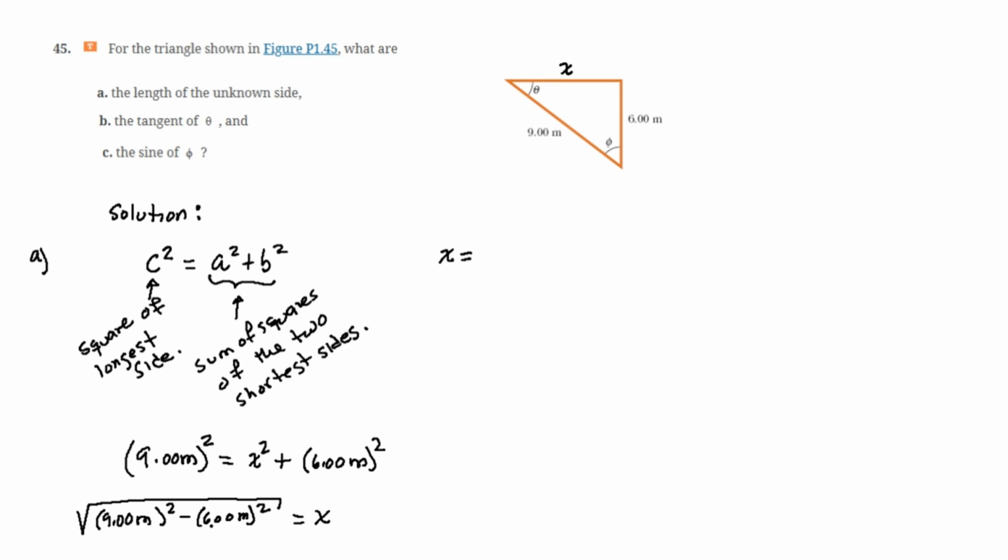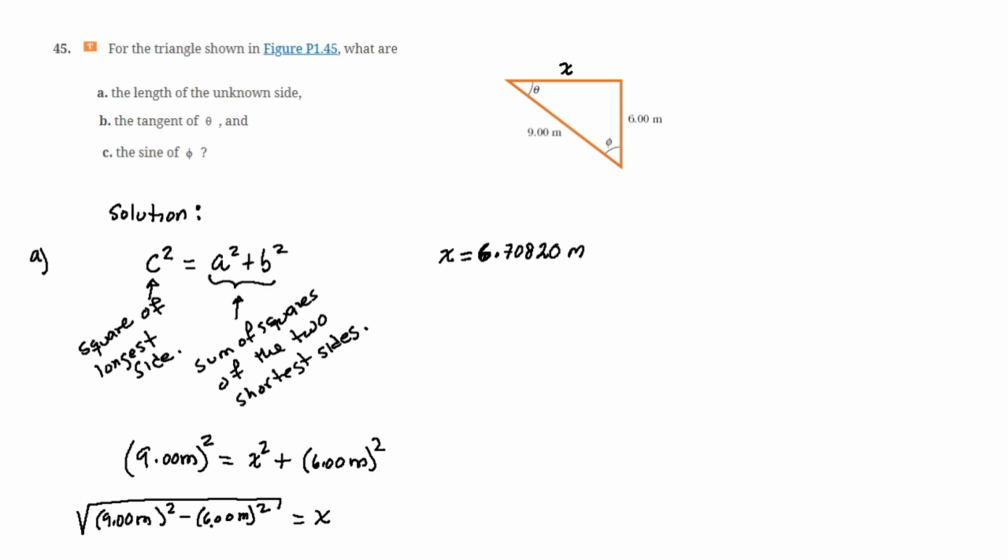You know, this is 3 square root of 5, which is 6.70820 meters, right? Now, of course, I cannot leave it like that.